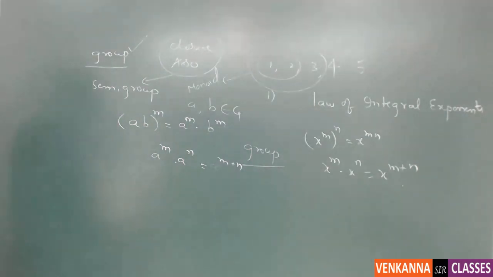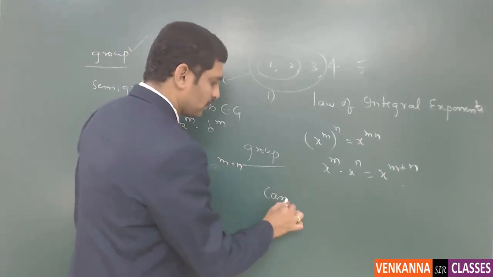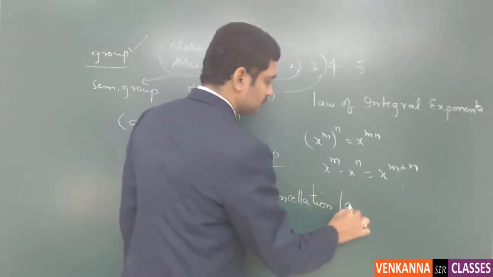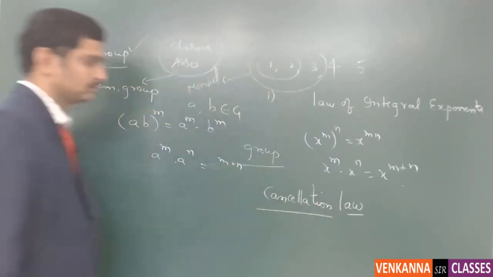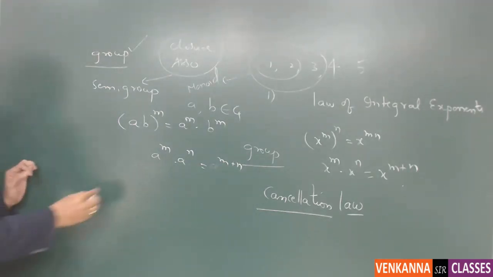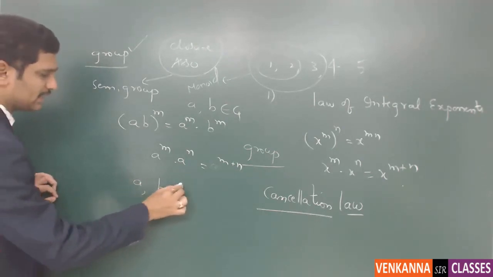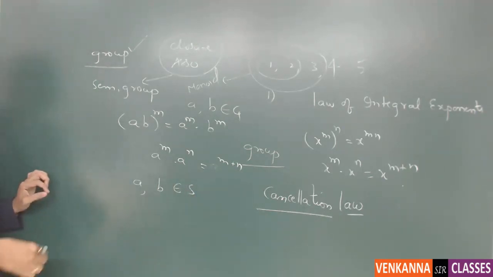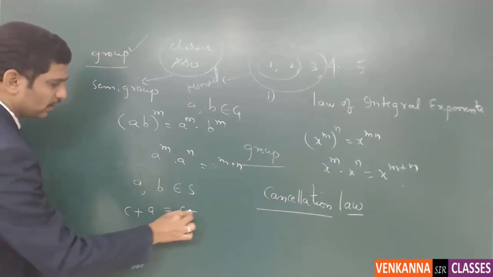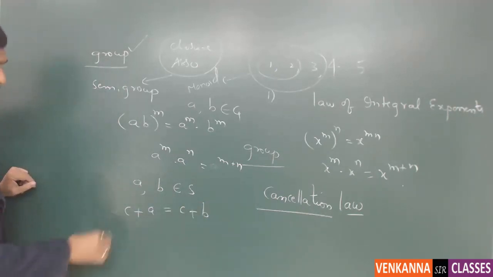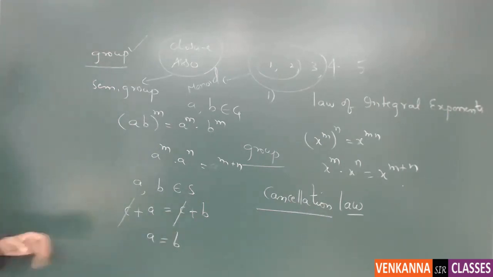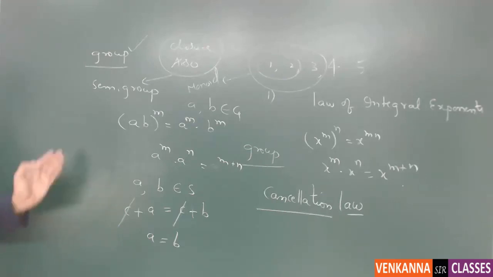And there is one property we call the cancellation laws. Suppose I have taken two elements in a set. If I say that C plus A is equal to C plus B, then after cancelling C, A is equal to B. Agree? For numbers, we do like this.